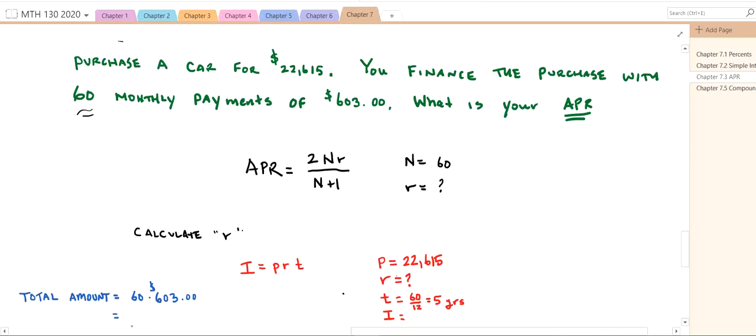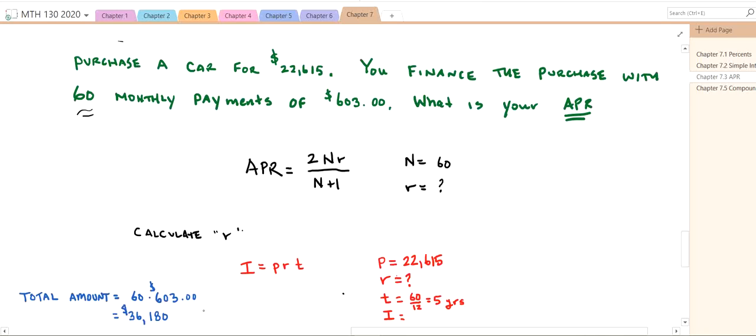So throw that in the calculator. We end up with $36,180 is what we're going to pay to buy this truck. So the principal is only $22,615. The total we pay is $36,180.